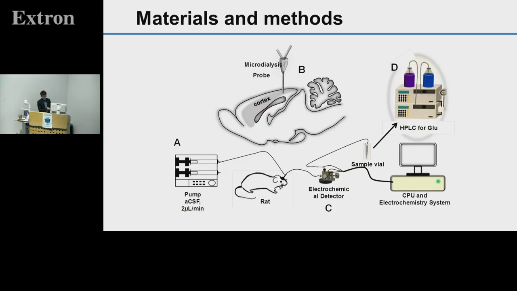We inserted a microdialysis probe into the cortex, and we used a pump, and the tube outside will contain the matter of the brain inside. We used an electrochemical detector to measure the concentration of ascorbate, and another system, HPLC, to detect the changes of glutamate.